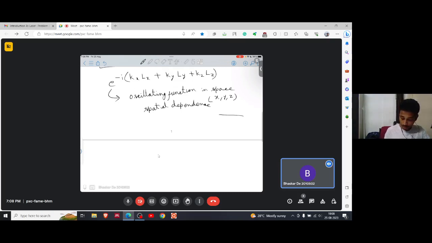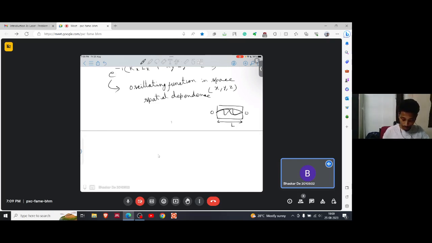So inside a box, if there is a standing wave, the modes will be counted like this. This is one mode, then this is another mode, then this is another mode. The thing is that this oscillating wave or standing wave should be zero at the boundary and has a periodicity L. So by periodicity, what do we mean?